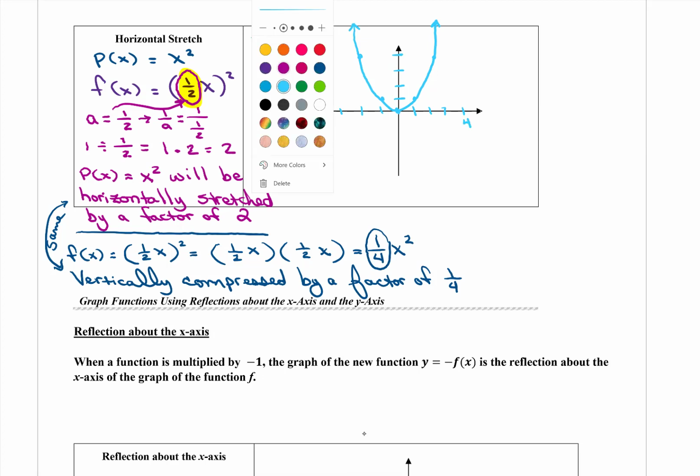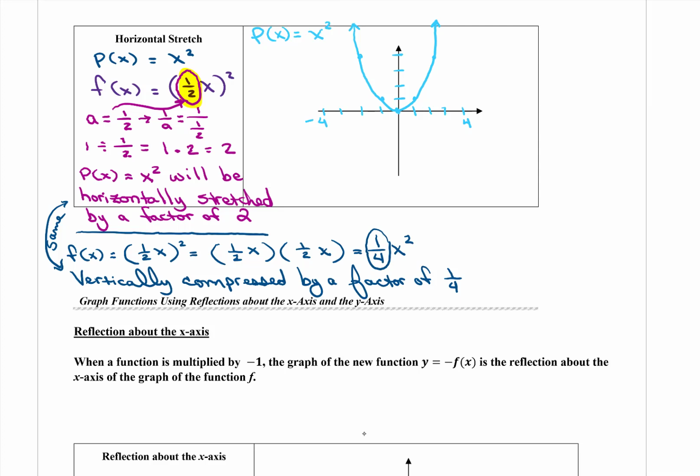This time I'm going to have to come up with these points. Amazing how long it takes me to do this. All right, I'm going to multiply all of the x values by 2.